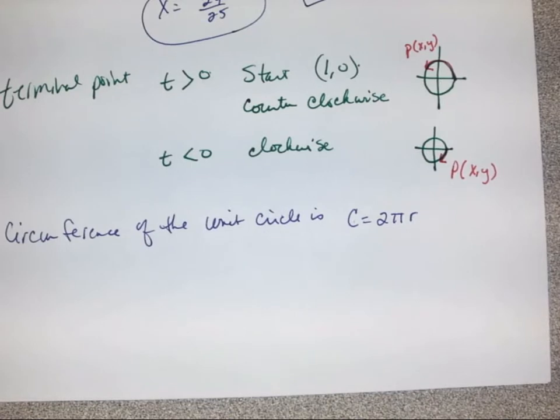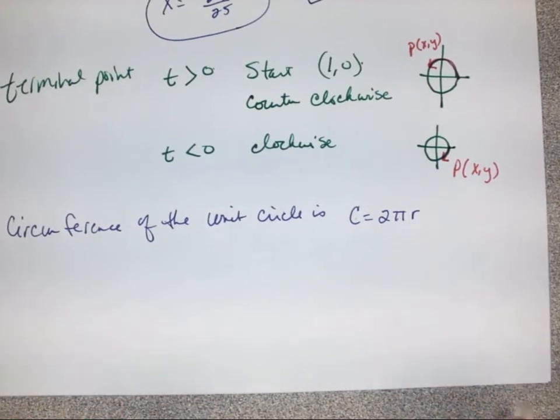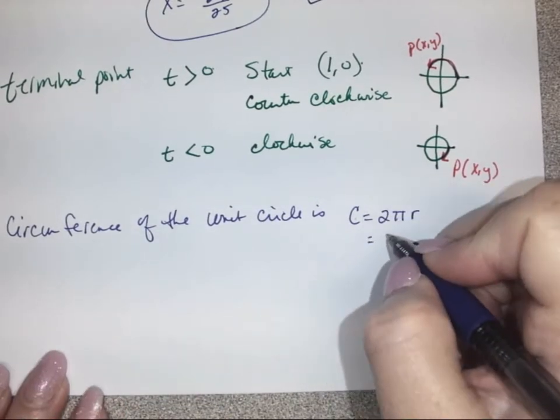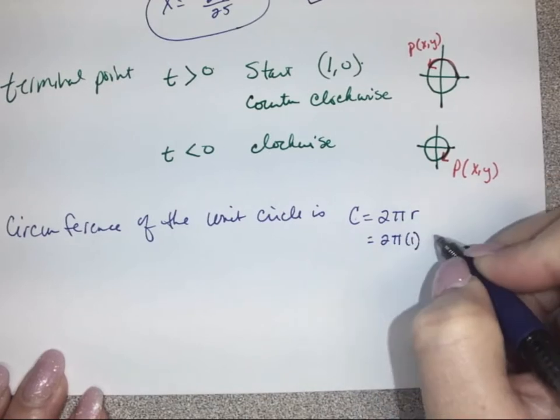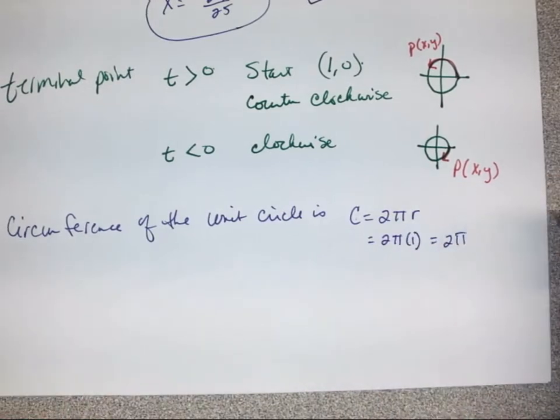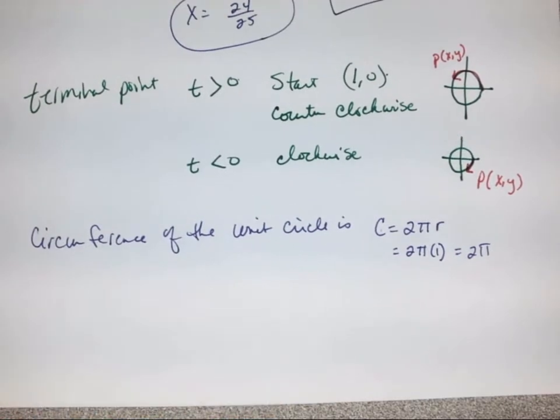But our radius is 1. So we're looking at 2 pi times 1, which would be 2 pi. So in our case, our unit circle, it's always going to be 2 pi around. We're always going to start at that point, and we're going to go 2 pi.